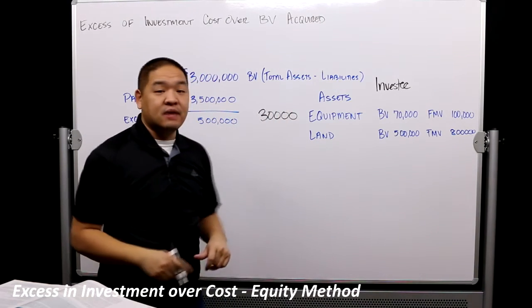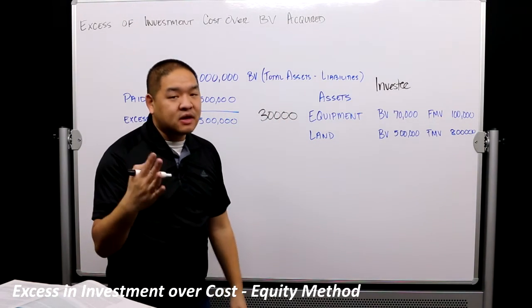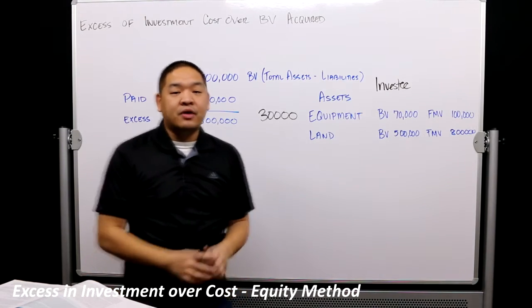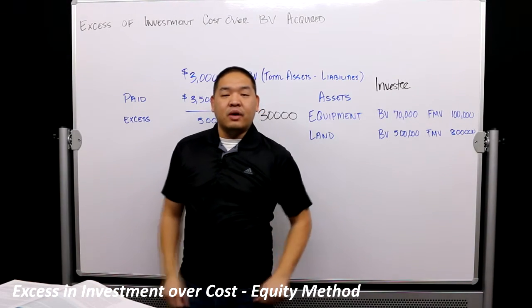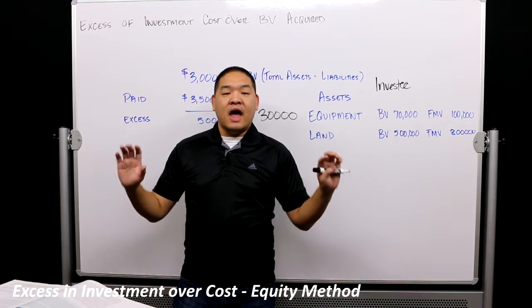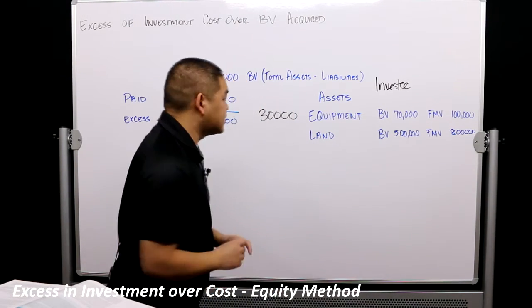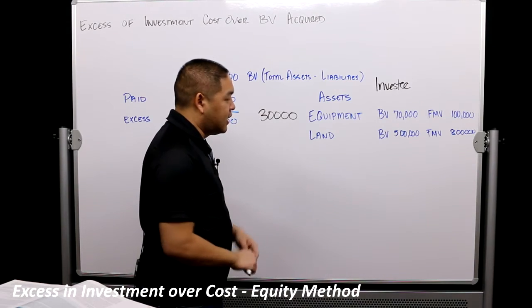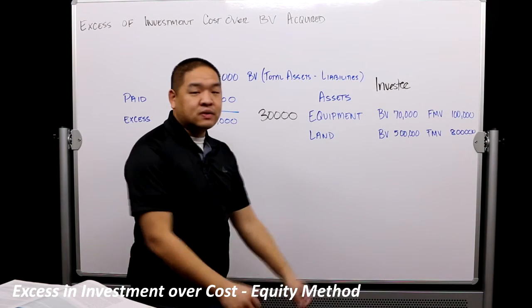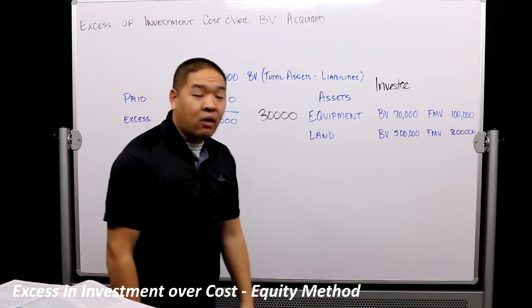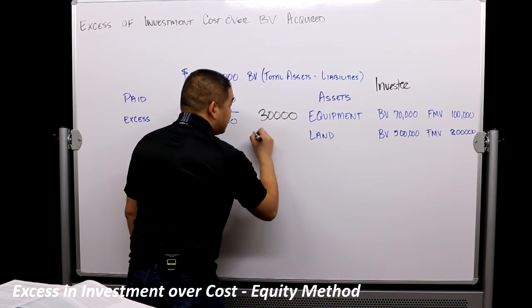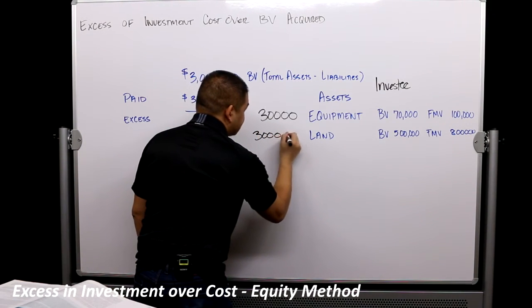Okay? We can do the same thing with land. And this is typically a problem. We buy land, we put it in our books at cost, we hold it for 10 or 15 years, and then the value of that land goes up. Very real situation. So $500,000 in the books, we reevaluate it, it's worth $800,000. Therefore, it is different by $300,000.